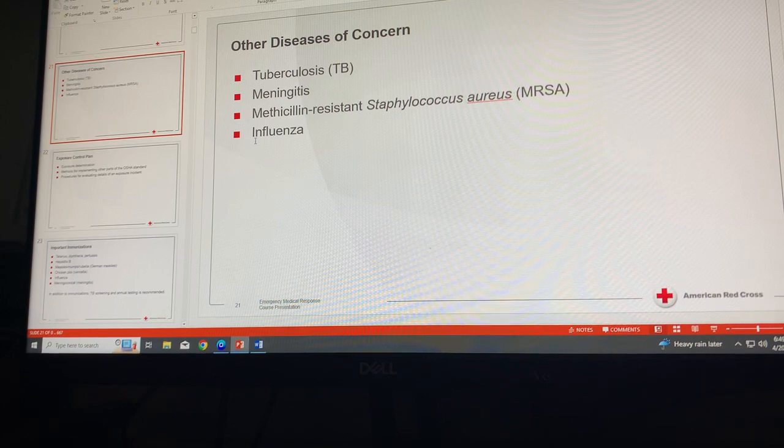So next, we're going to discuss influenza. Seasonal influenza is a respiratory illness caused by both human influenza A and human influenza B viruses, which can be transmitted from person to person. Most people have some immunity to influenza, and there is no vaccine available.